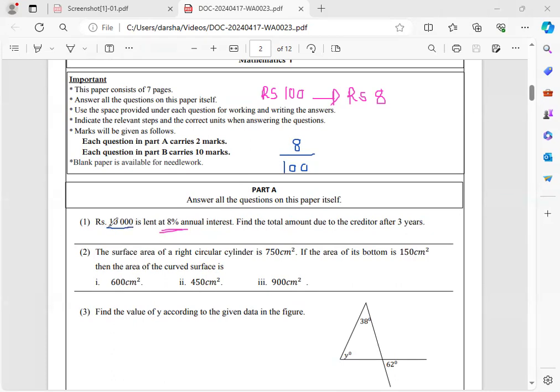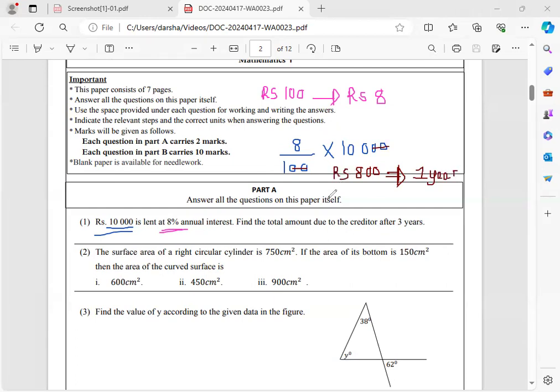Now, he has taken 10,000. For 100, if we are supposed to pay 8, then for 10,000, how much? We can simplify this: 8 into 100 gives 800. This is for 1 year. At the end of 1 year, he has to pay 800 rupees.